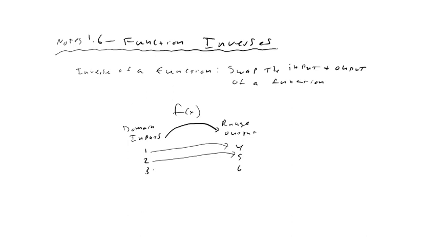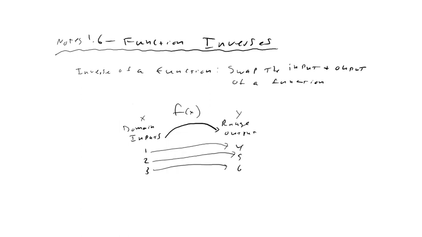A function takes an input and gives you an output. Your domain is all the x's, and your range is all the y's. So a function maps an x to a y.